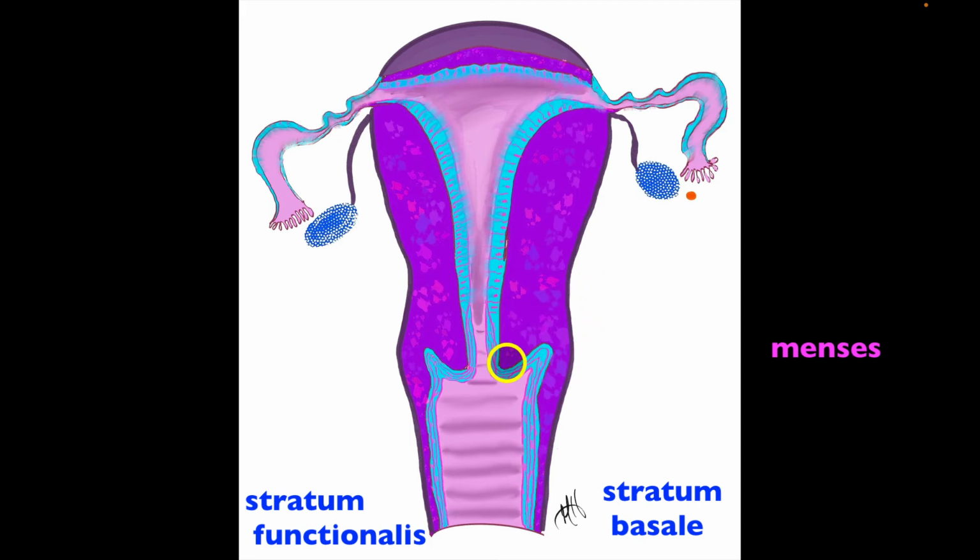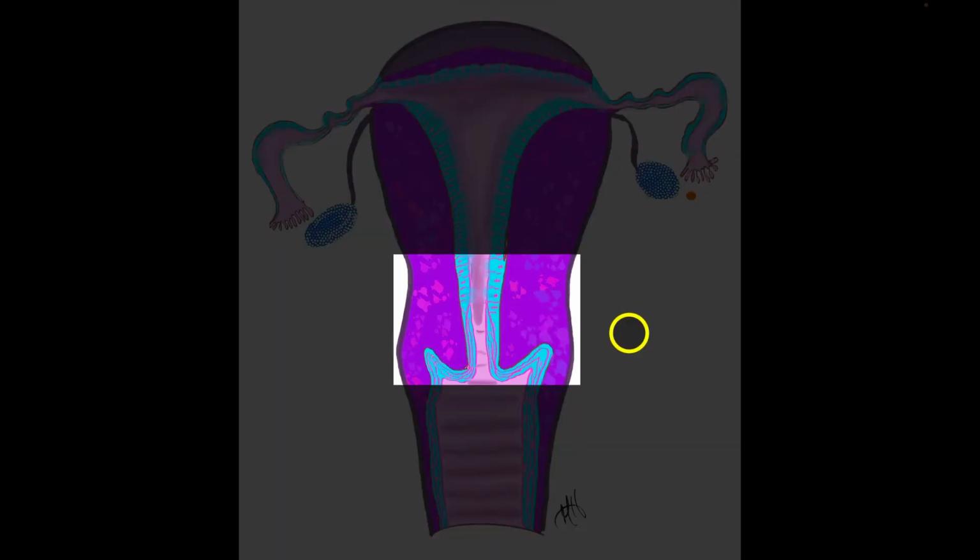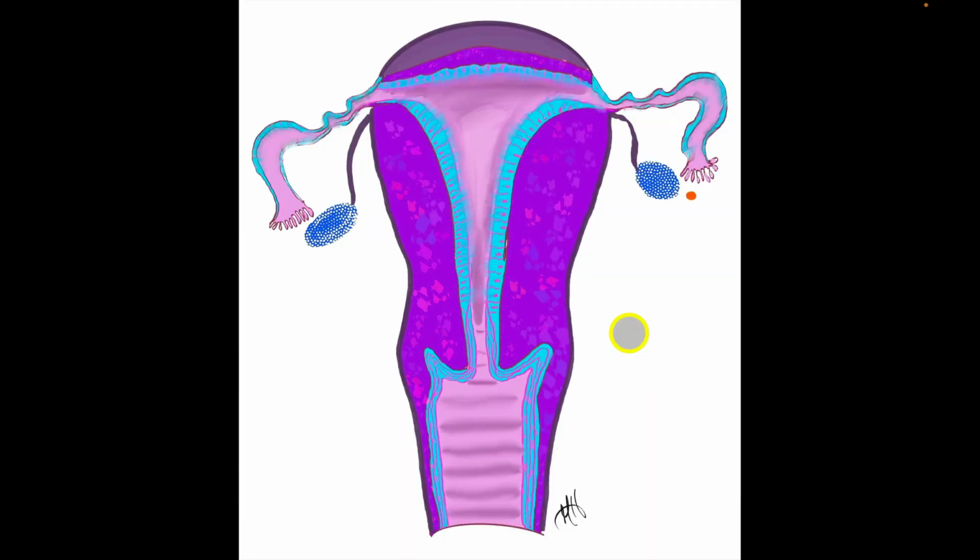Right here is the cervix. And the cervix has a superior aspect of it, which is known as the internal os, and an inferior aspect of it known as the external os. There are glands that line the cervix that secrete a mucus, and the goal of that mucus is to plug up the cervical canal to prevent any movement of pathogens up the cervix into the uterus.